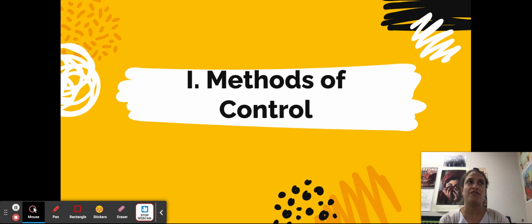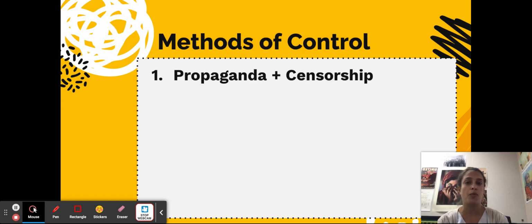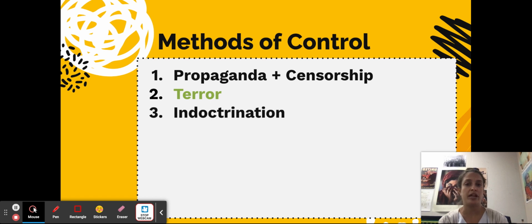So we are now in our first section of our sketch notes. If you do not remember what the 3 sections are, please feel free to rewind so you have them. Section 1 is the methods of control. Here are the 8 different ways that leaders can control their country. Now, again, this list is not exhaustive. There are more, but these are the ones we're going to focus on. Number 1, propaganda and censorship. Number 2, terror. 3, indoctrination.